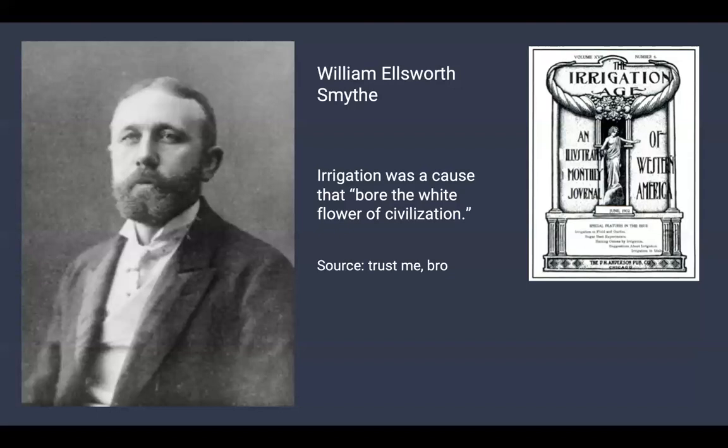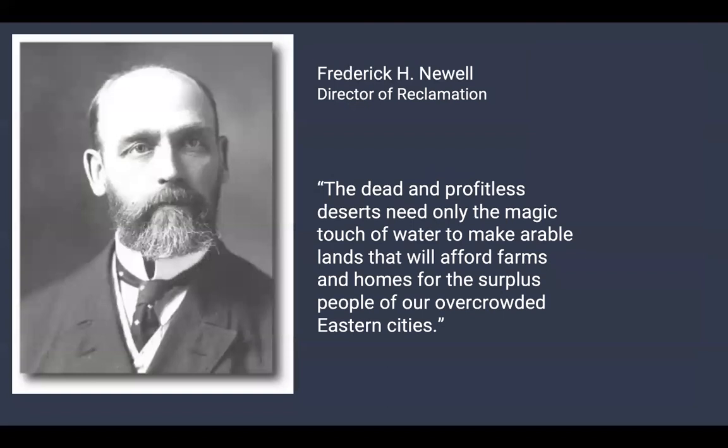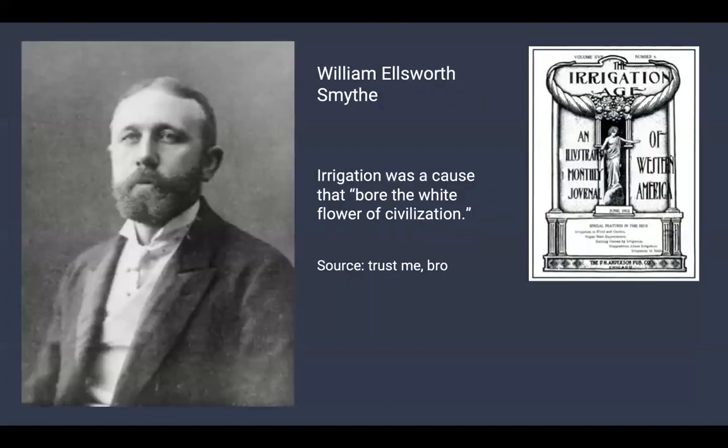And what ends up happening, oh, sorry, I need to go back to that last slide. So Smythe links up with a congressperson in Nevada named Newlands. Sorry, I mix that up.